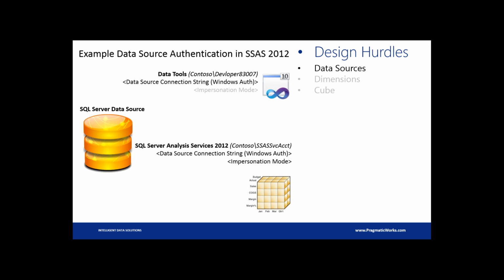But there's this whole concept of processing. What processing means is that Analysis Services connects to the data source, pulls that data, runs aggregations, builds indexes, builds hierarchies, and structures that data into a multidimensional format to make it very available for analysis by the end users.